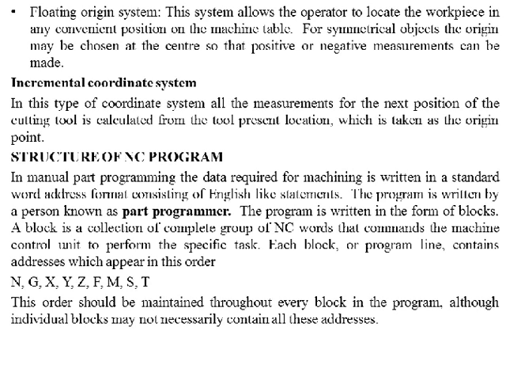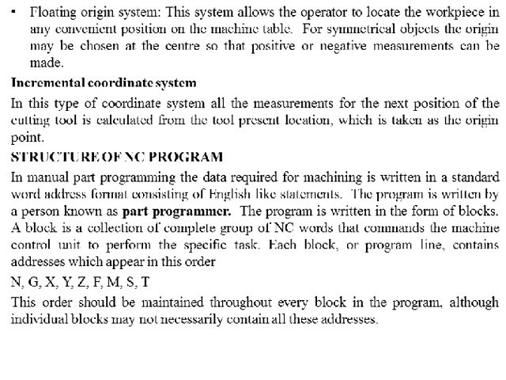In this type of coordinate system, all the measurements for the next position of the cutting tool are calculated from the tool's present location, which is taken as the origin point. So every time the tool changes its position, where the tool is standing in the previous position is itself taken as the origin.